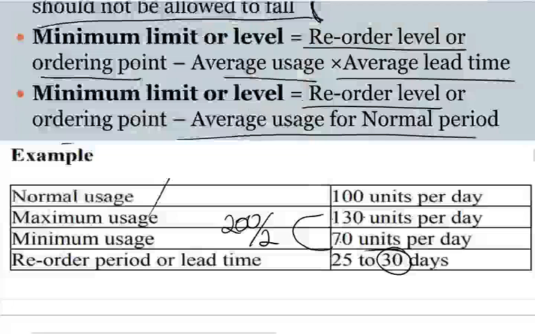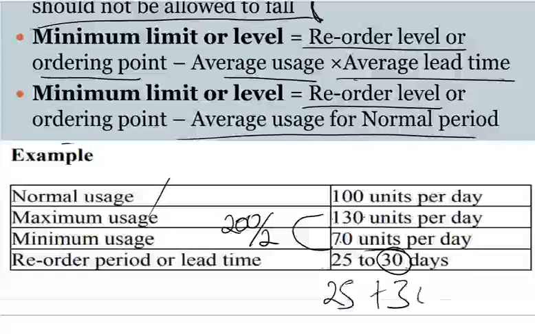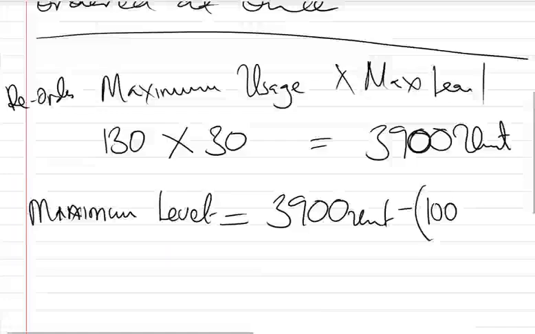times average lead time. So our lead time is 25 and 30. So the average should be 25 plus 30, which is 55, divided by 2, which is 27.5. So that's the average lead time. So we're going to say times average lead time, 27.5.